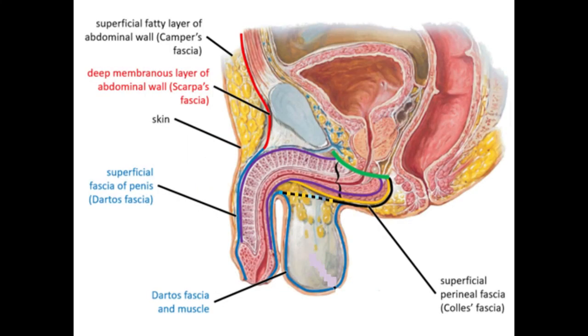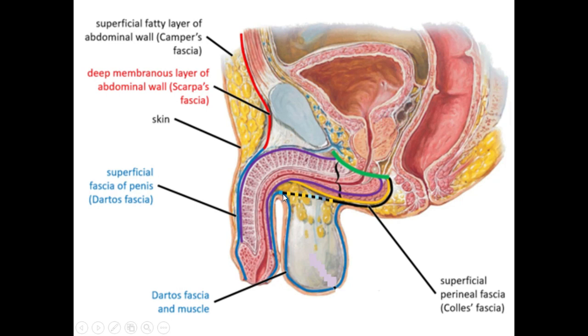Now we will look at a closer view of these fasciae or fascial distribution. Here is our perineal membrane, and behind, this black colored line indicates the Colles fascia, and it will be continuous with the dartos fascia of the scrotum.